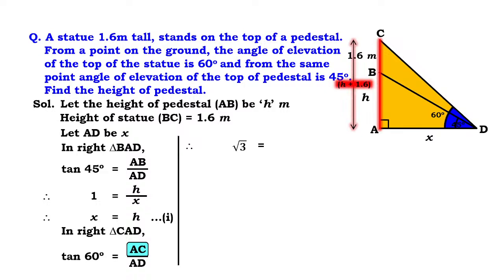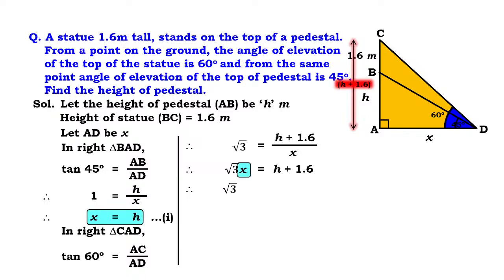AC can be written as H plus 1.6. Correct? H plus 1.6. And AD can be written as X. But I also know the value of X is equal to what? H. So look at this, what happens. I just cross multiply. X can be written as H, so in place of X I am writing H. Root 3 H is equal to H plus 1.6.